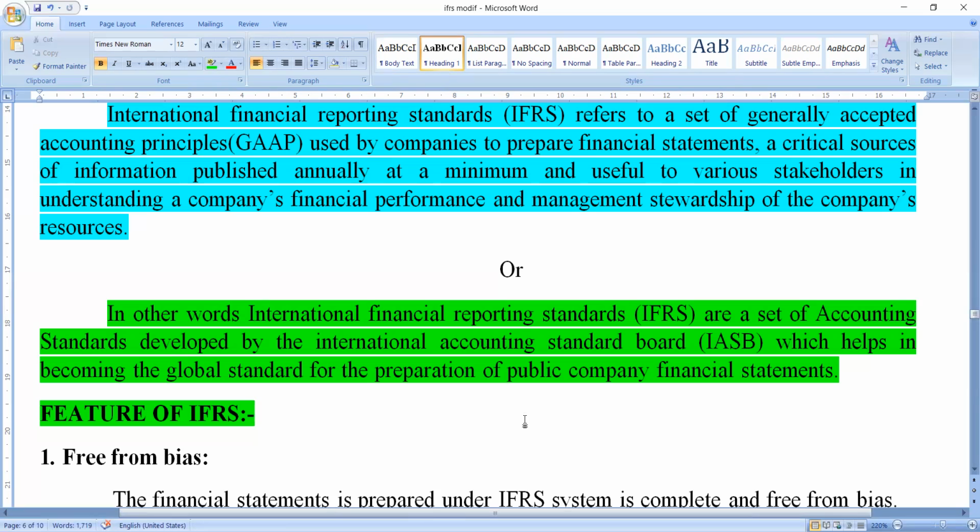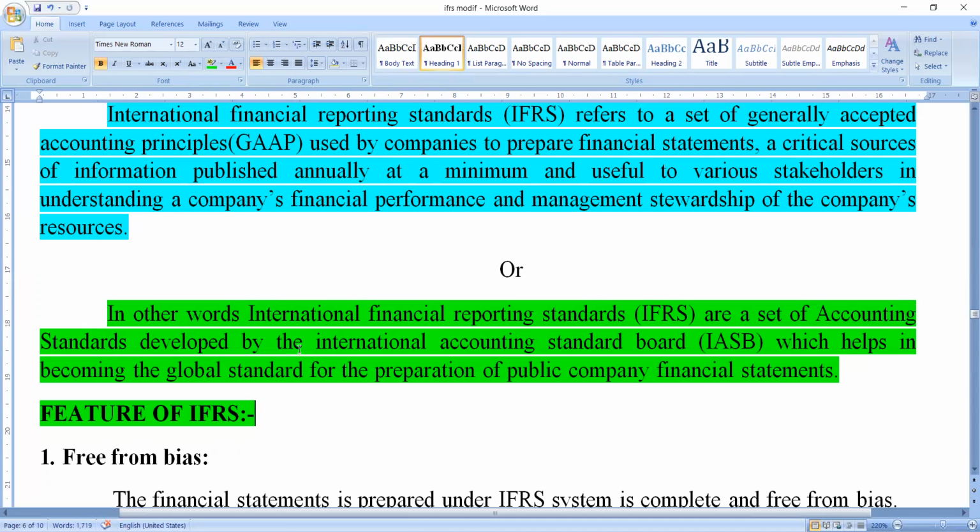IASB stands for International Accounting Standard Board, which helps in becoming the global standard for the preparation of public company financial statements. It is a simple meaning. IFRS standards are prepared and developed by the IASB.